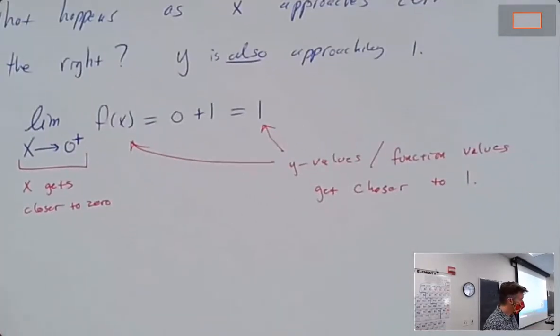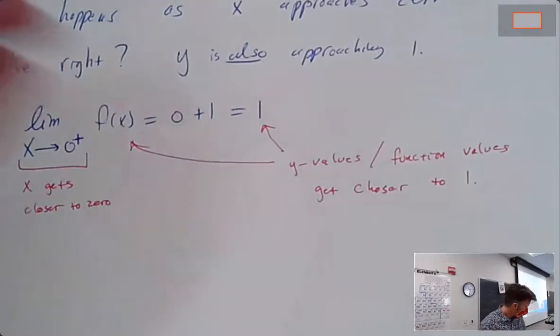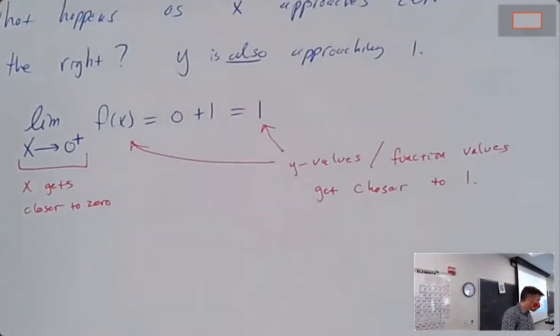That's what's happening with that expression there. And that's what the limit is always talking about: what's happening with the y things as the x things get close to some particular number.